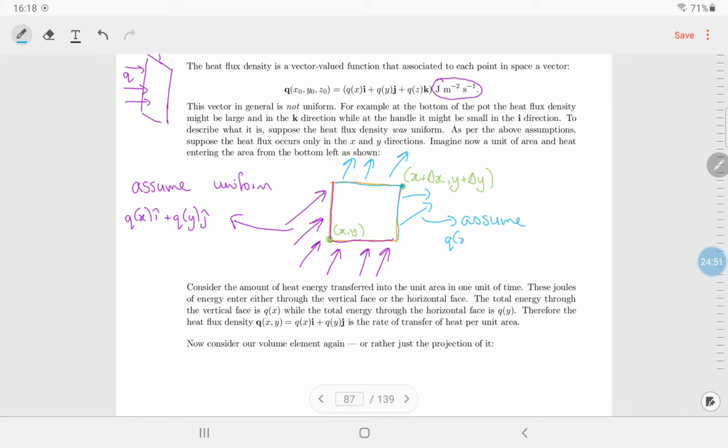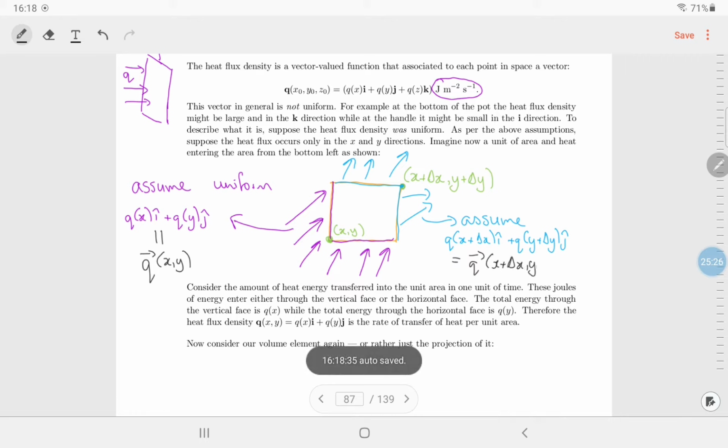So q x plus delta x i plus q y plus delta y j. Strictly speaking, some of you looking at that might think that's a bit weird. We're actually saying that it's the heat flux density at x, y here, and here it's the heat flux density at x plus delta x, y plus delta y. These things don't make as much sense, but anyway.